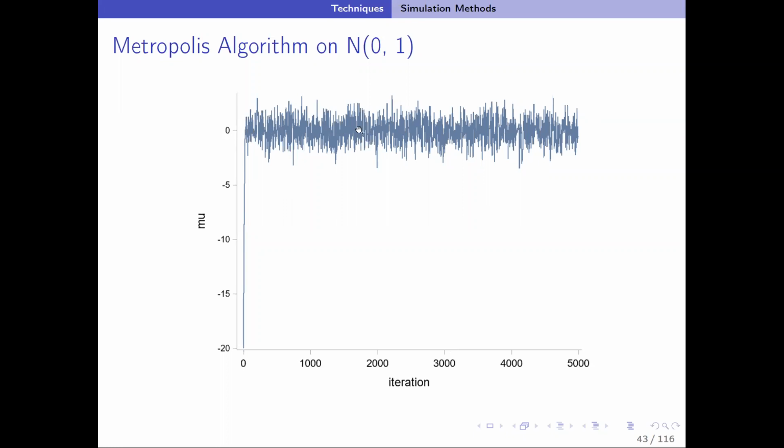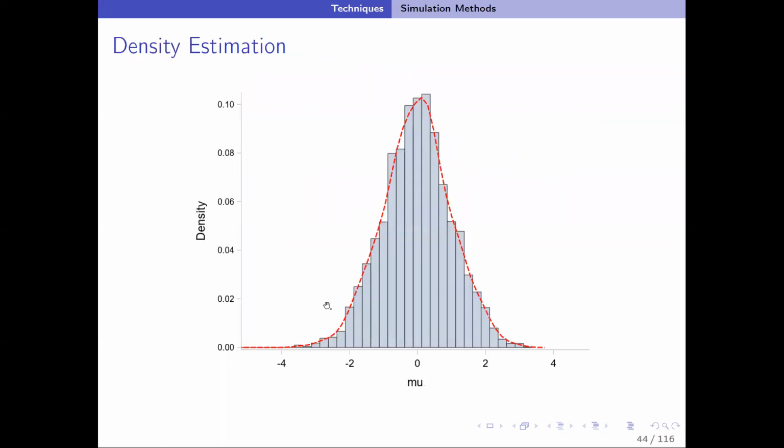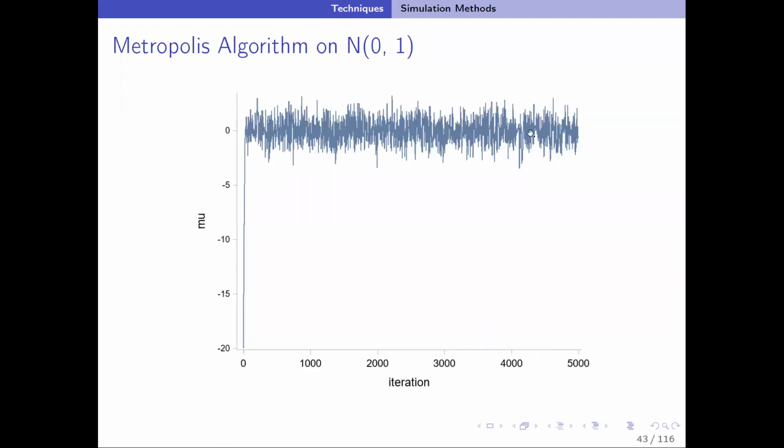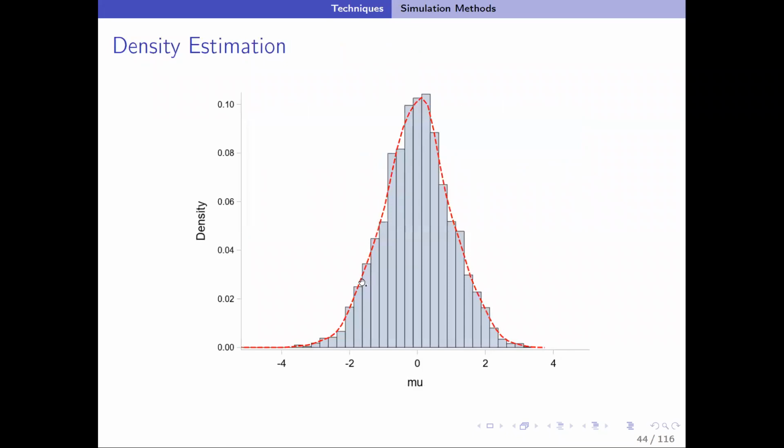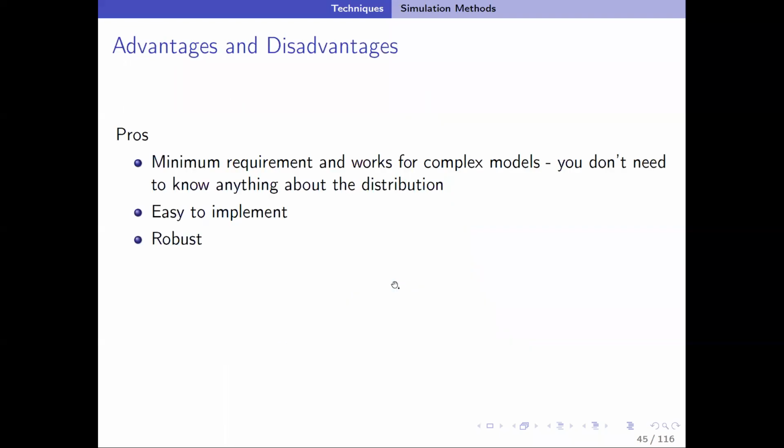It will stay mostly where 0 is, but it will go to the tail and come back, and go to the tail and come back. And then you'll be able to estimate this distribution. If you do that as many times as you want, you can estimate this distribution to any degree of accuracy.